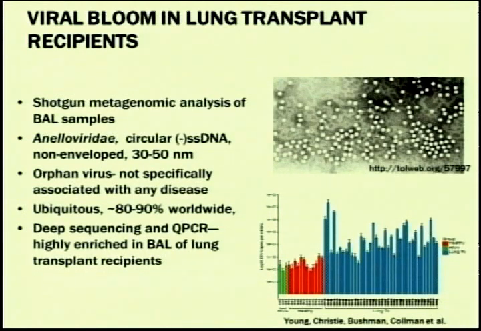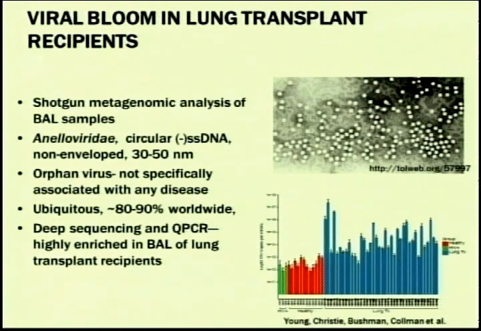And one of the things Jackie found was enormous levels of these anelloviruses, which are viruses that grow on animal cells, circular genomes, quite small. Here's a picture of them. These are almost ubiquitous. Probably most or all of you are colonized with anelloviruses, though you wouldn't even know they were there without the sequencing methods to detect them, because they seem to be completely benign.